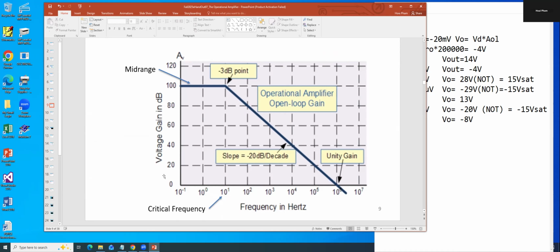When you want the gain less than maximum, that means the frequency will be increased. Frequency keeps incrementing. Then the gain has to be going down.